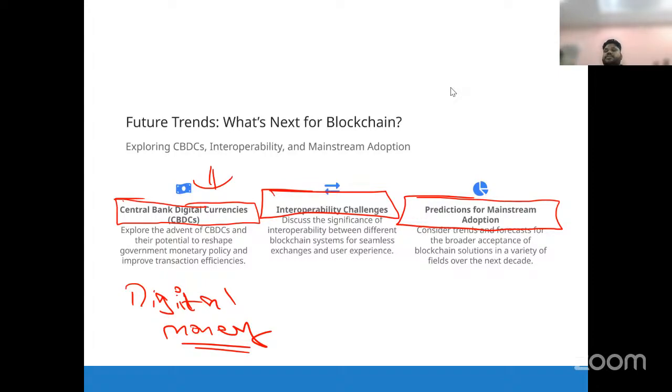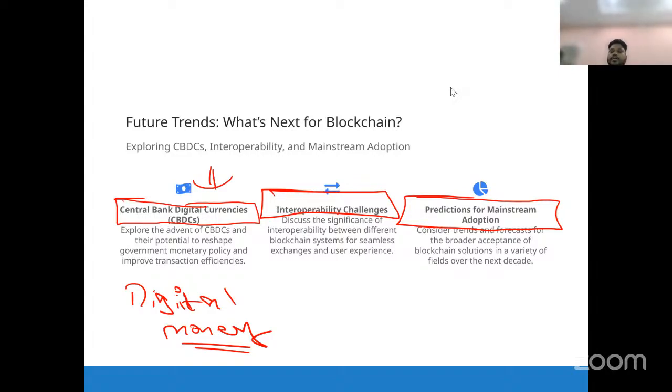CBDC is a currency which is created by RBI. Cryptocurrency is created by its community, like Bitcoin, Ethereum, and all. At the end of the day, all of them are using blockchain technology. When you use blockchain technology, that means everything is common. Security will be common, immutability will be common, decentralized will be common, distributed will be common.